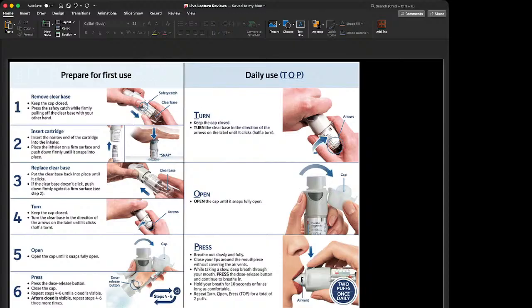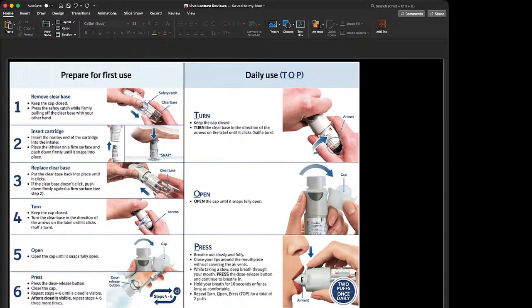Then you would turn it, open it, and press the dose. So there are a lot of steps, but this is how you would do it for first use, and when you have to use it again, you would just do these three steps: turn, open, and press.